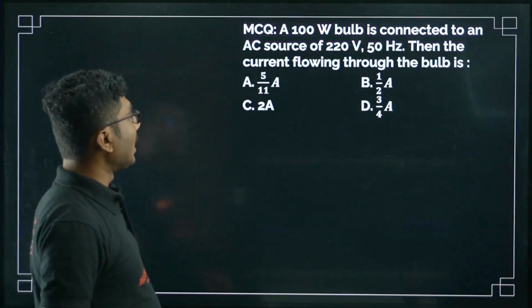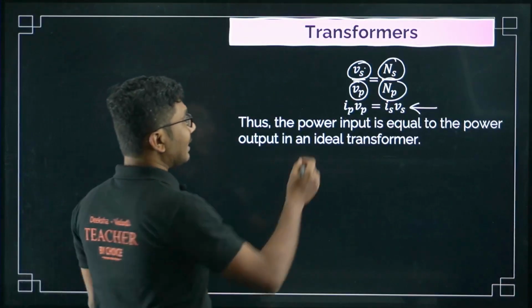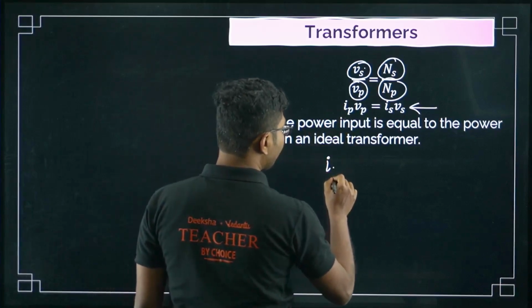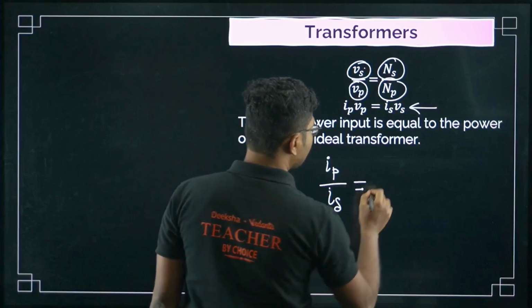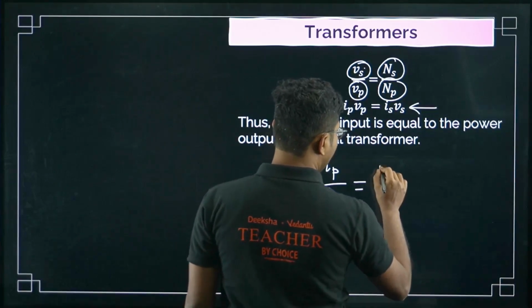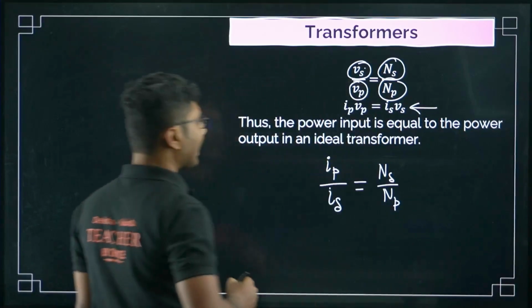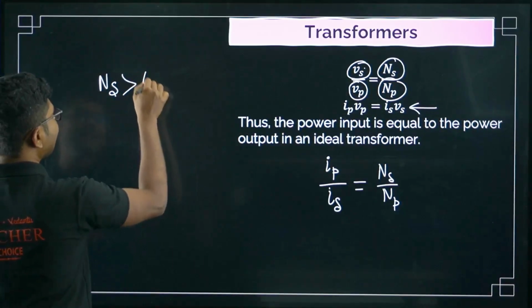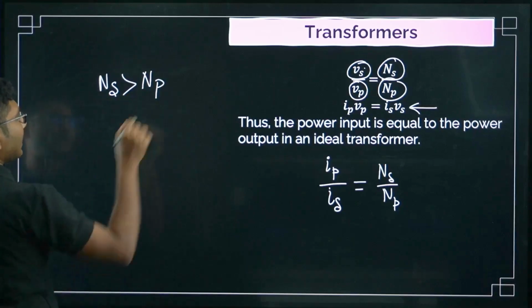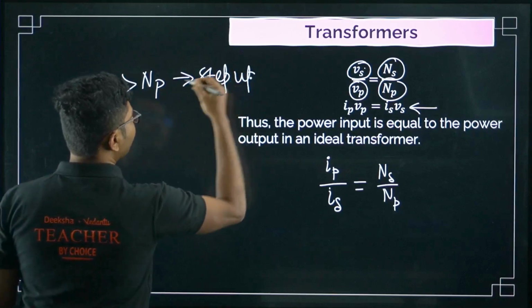Okay, now let's see what else. You can convert this in terms of current as well. So Ip by Is equals Ns by Np. Also, if the number of turns in the secondary is more than the number of turns in the primary, it is called a step up transformer.